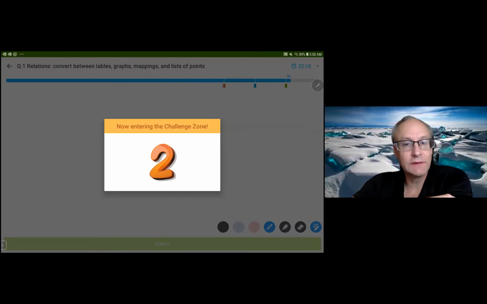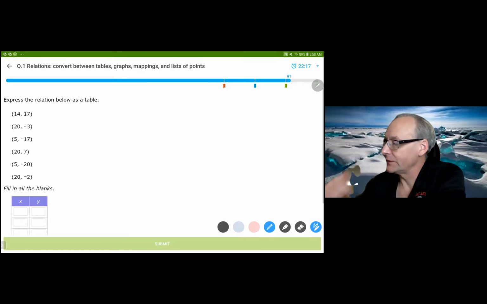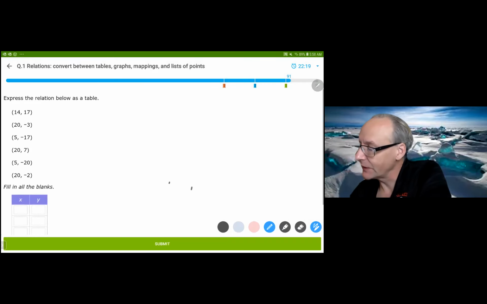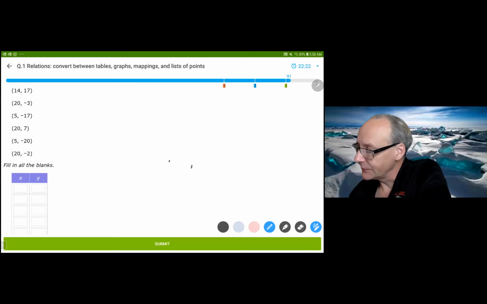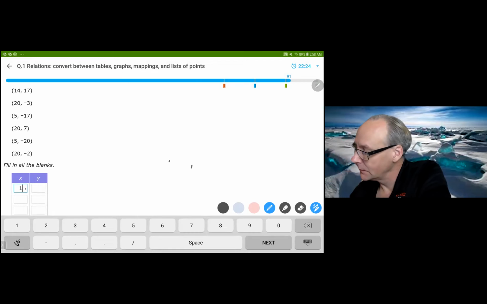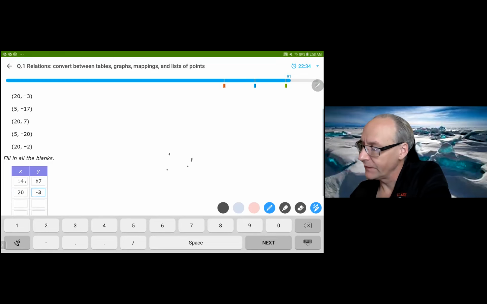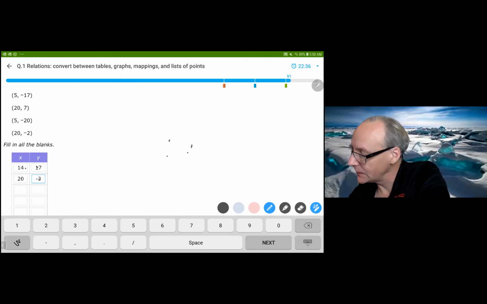Okay, looks like hopefully we only have about 3 more to go, and hopefully it'll be a quick one. Or, oh, just fill in the blanks. Okay, so let's see, we got a 14, 17. And we have a 20, negative 3. I don't think the order is a problem for these guys. 5, negative 17.